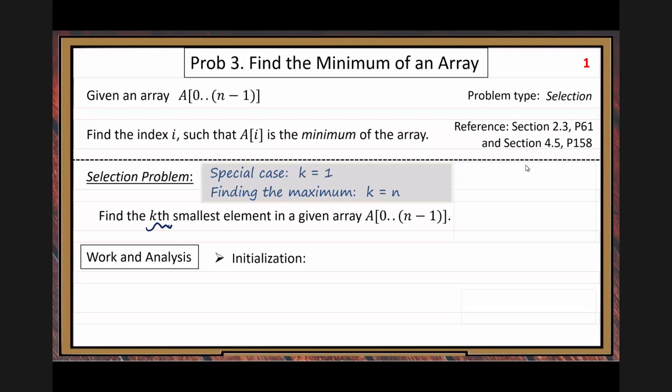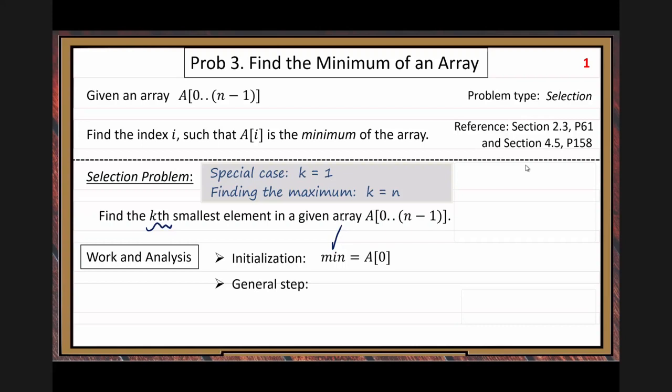All right. Let's do some analysis. When we start, first let's look at the solution. So simple, so we can quickly go through it. At the beginning, let's use a special variable. Here we call it min. This min variable stores the first element of the array as the initialization step.